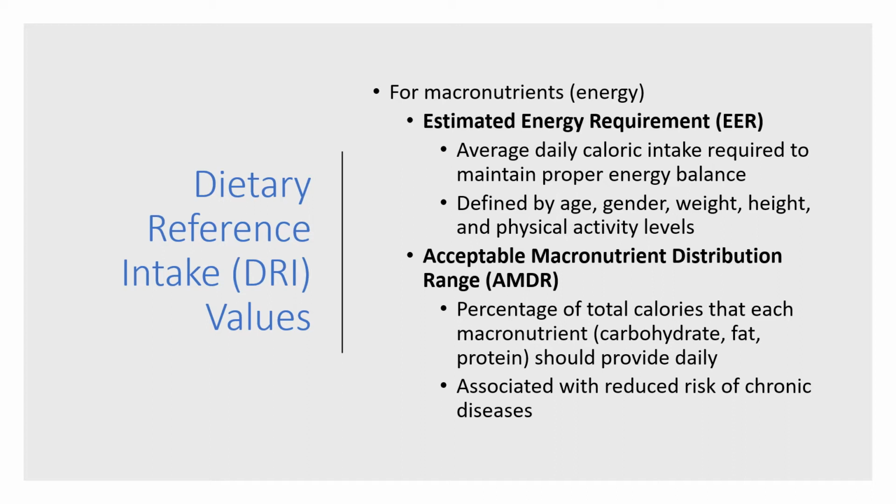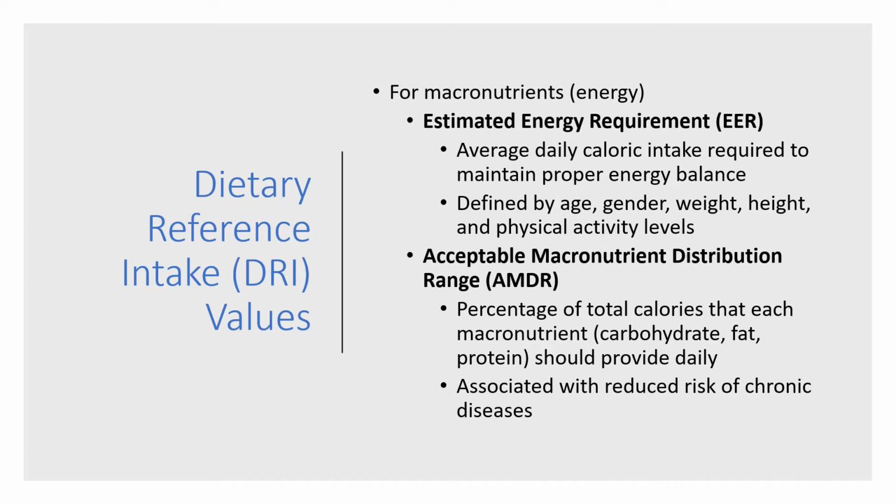While the AMDR is just set, it doesn't change, it's obviously written in a range. So that means you can move within those ranges, like someone who is doing a lot of cardiovascular exercise, like maybe practicing for running a marathon or doing a triathlon, might want to eat higher in the carbohydrate range, so maybe more like 65% of their total caloric intake.